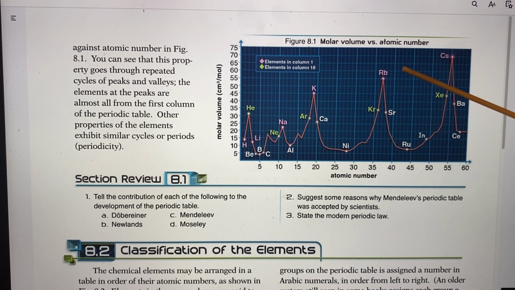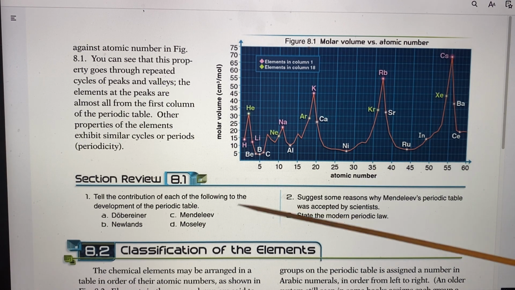Helium, potassium, rubidium, cesium, these were all going to be in the same category. These fit in the same categories, and it was all because of their atomic number. So that's pretty amazing, isn't it?